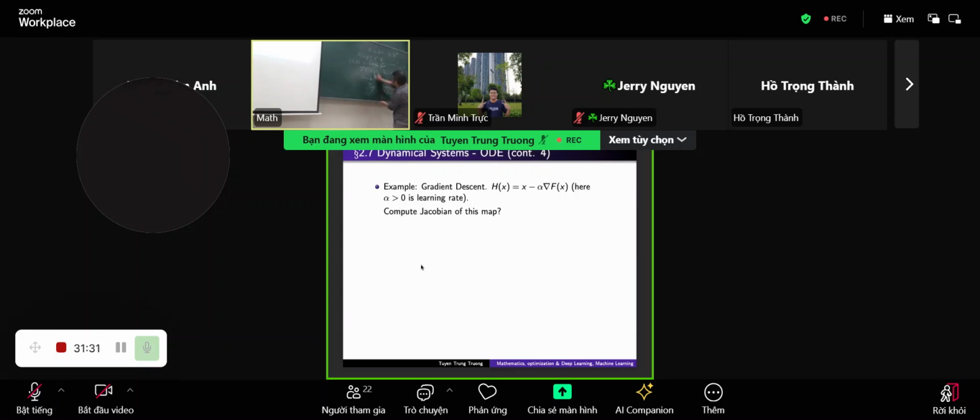So if you remember, by the way, for this map, if you have this fixed point, where x equals the map of x, it means that the gradient must be 0. So this point is actually the same as the critical point of f, which is good because you want to find a minimum. So you want this point to be a critical point of your optimization.